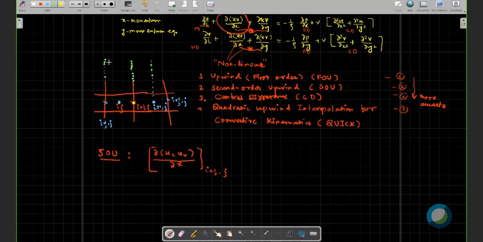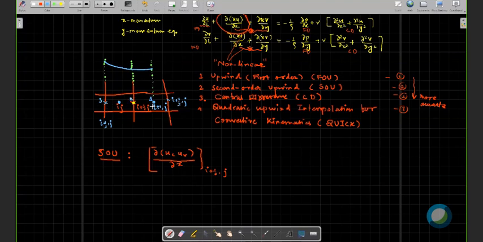So the profile may be any variation between point number 1, point number 2, and point number 3.